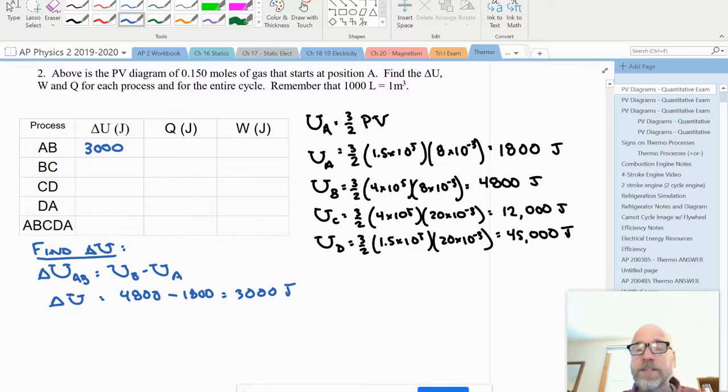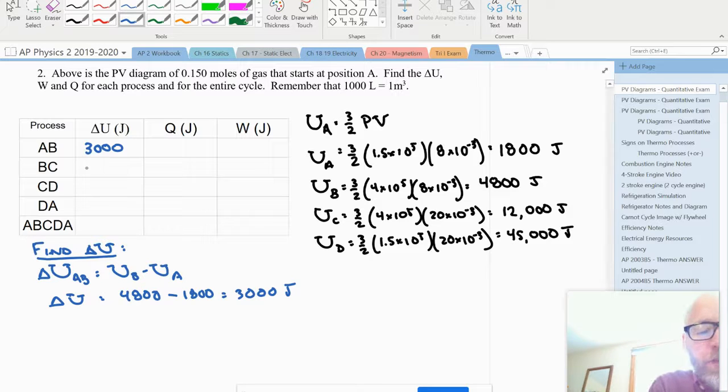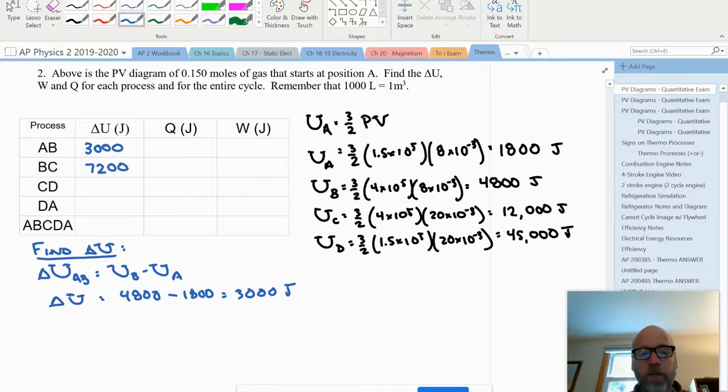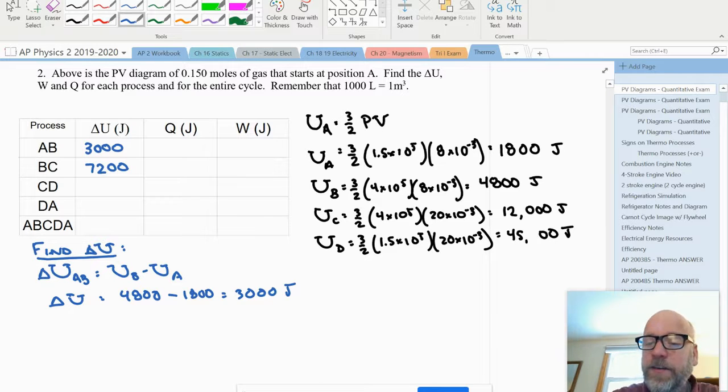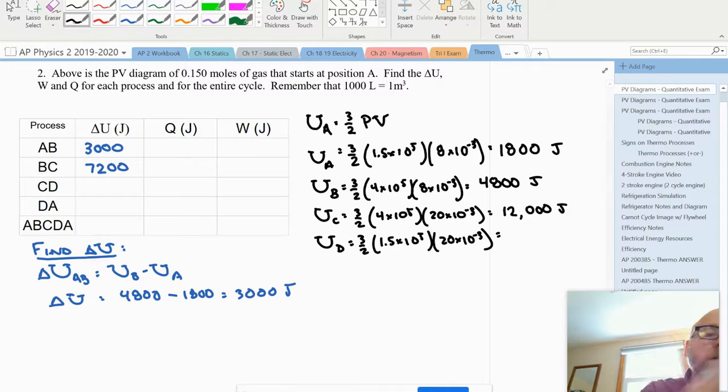Now, from B to C, it also increased. So I take the 12,000 minus 4,800, and I get that the change in internal energy increased 7,200 joules. Now, from C to D, it decreased. I just realized I made a typo right there.